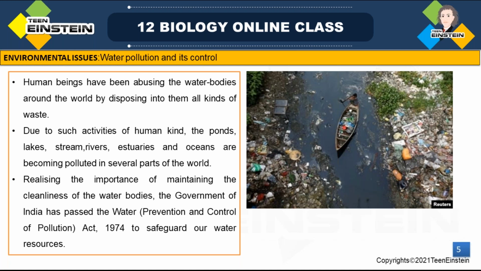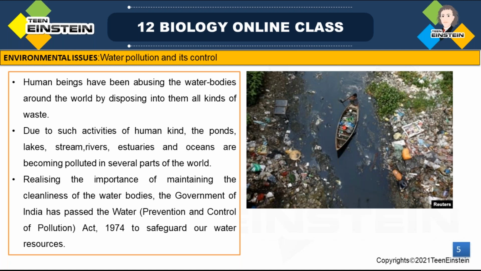They also need to live. So due to human activities, streams, ponds, rivers and all are becoming more and more polluted. Day by day, it's becoming more and more polluted in different parts of the world, right?